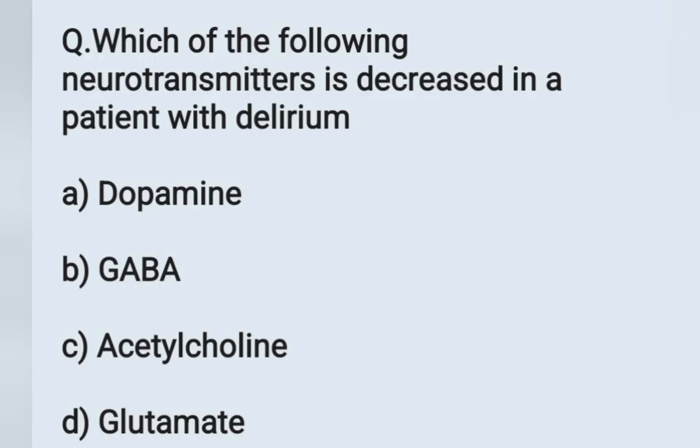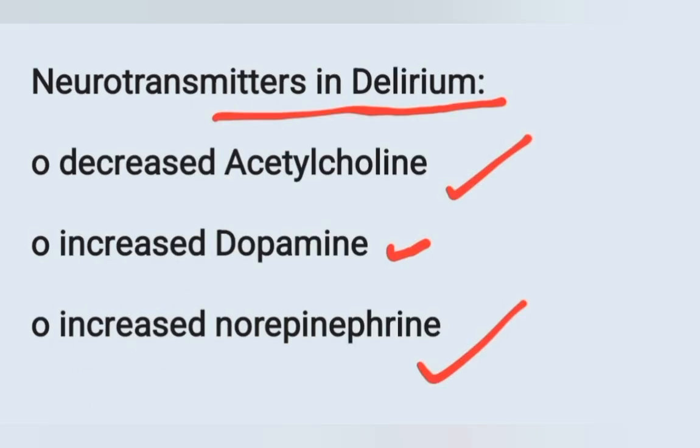And the next question is, which of the following neurotransmitters is decreased in a patient with delirium? Options: option A, dopamine. Option B, GABA. Option C, acetylcholine. Option D, glutamate. Here we can see the neurotransmitters in delirium. There will be decreased acetylcholine, increased dopamine and increased norepinephrine.